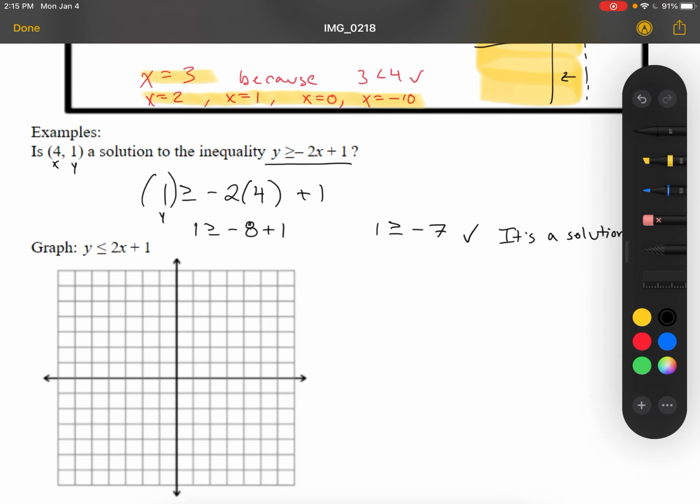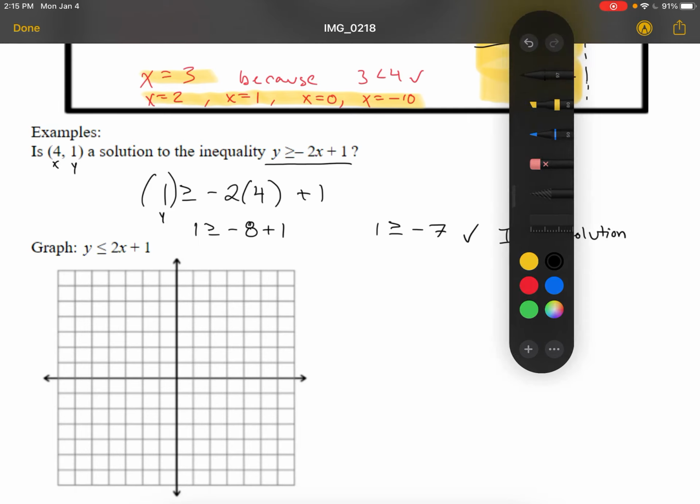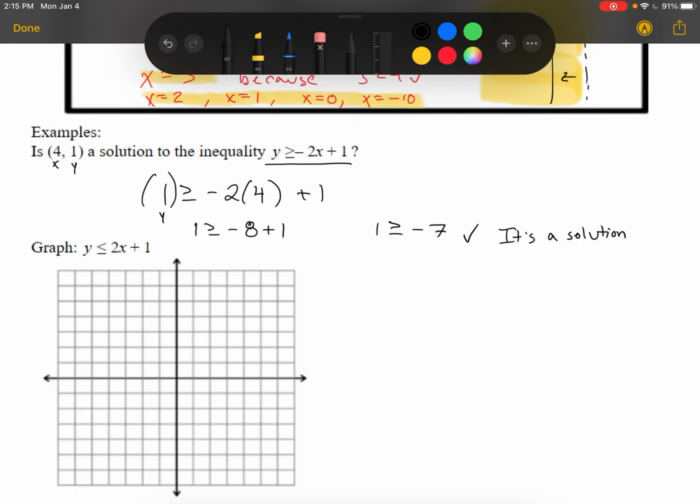But secondly, we're going to be graphing today. A couple things to note, and I would definitely have all of these notes copied down, but especially what I'm about to write next. When you're looking at signs, when you're graphing, if you have something like greater than or equal to or less than or equal to, this means that you're going to have a solid line. That means that any value that's on that line is also included in your solution set.